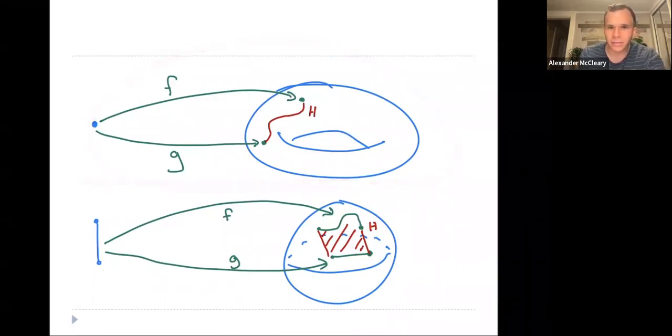This is our topological space X, and this is Y. What we have here is two functions from our topological space X, which here consists of just a single point, into our topological space Y. So Y is this torus right here.